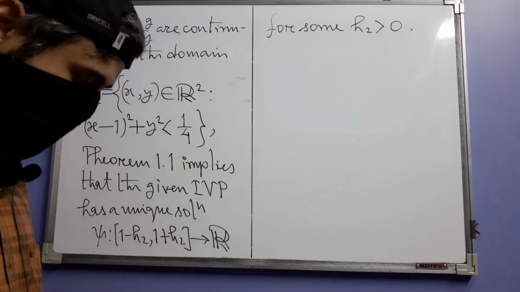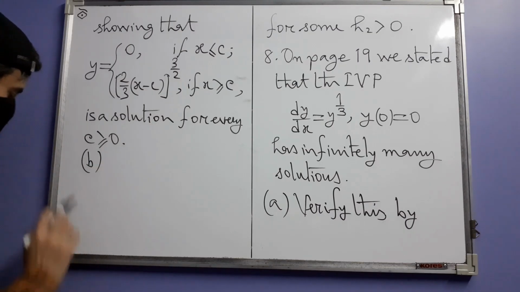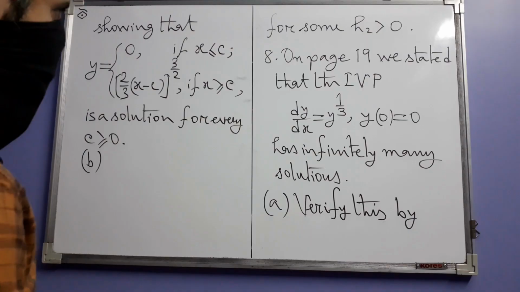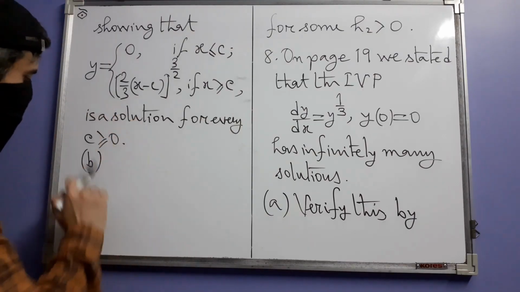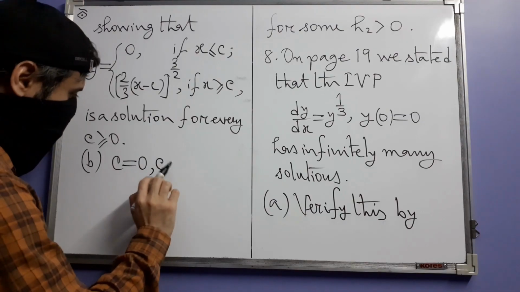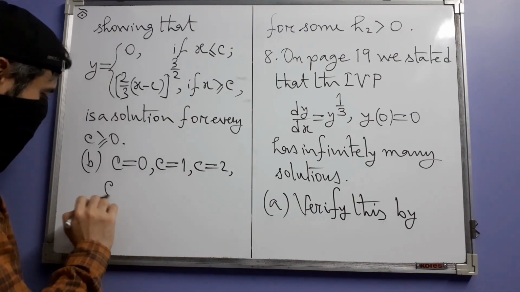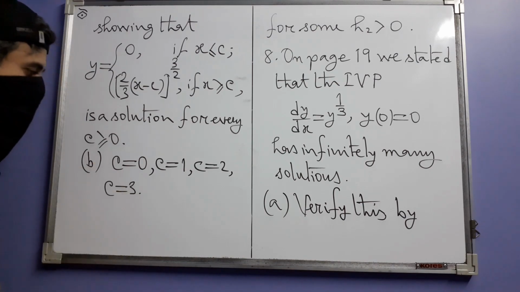What else do we have? So that is done, and then there is a part B also. Part B asks us to graph this solution in these three cases: C equal to 1, C equal to 2, C equal to 3.